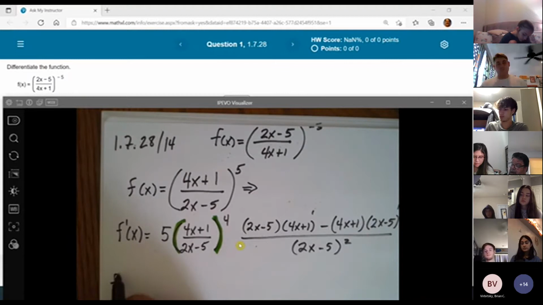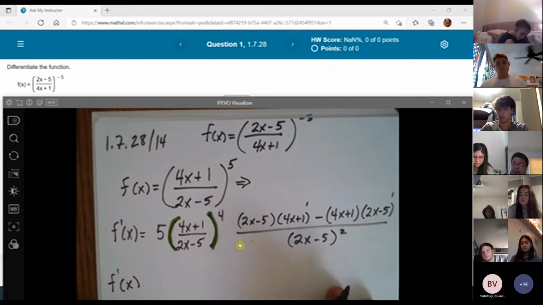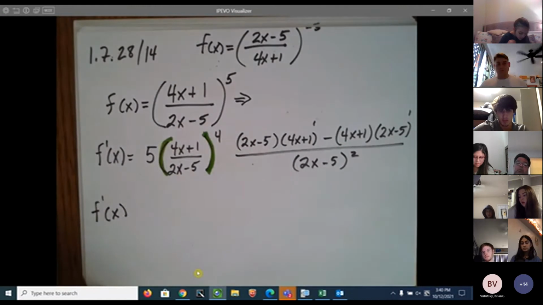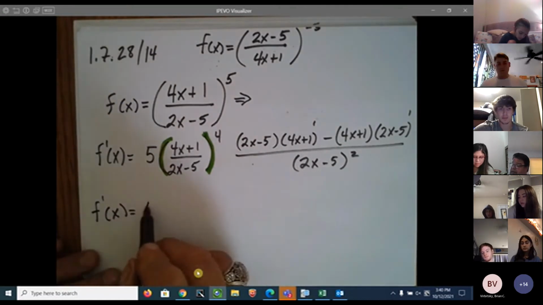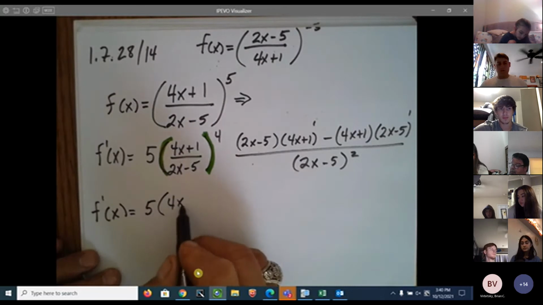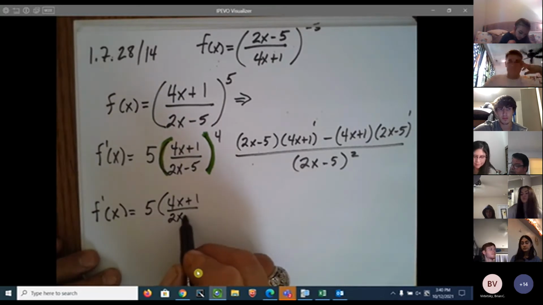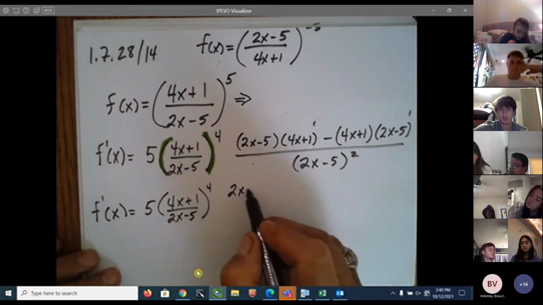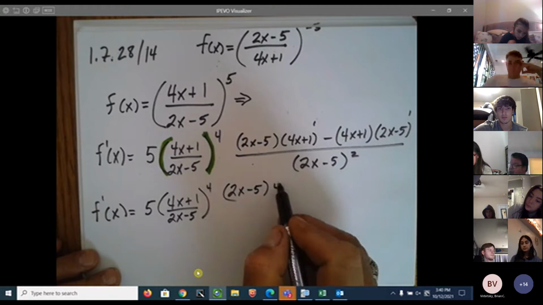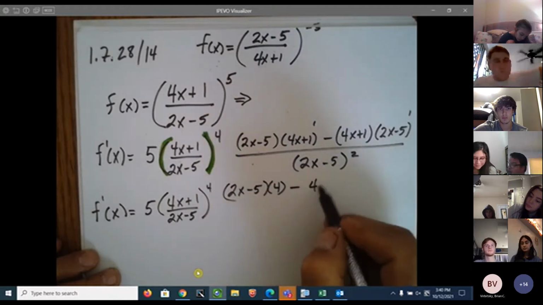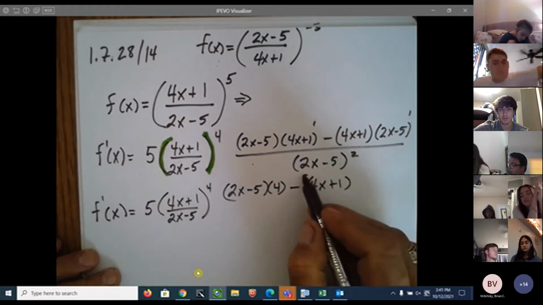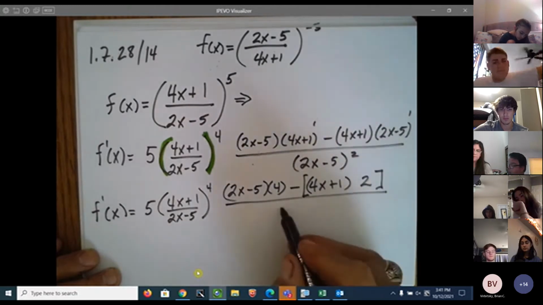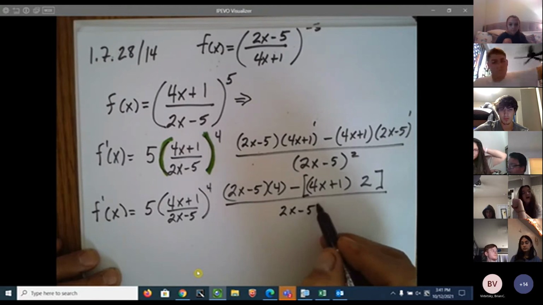So that's going to be f prime of x. Sorry, make this bigger where you can see everything. F prime of x is equal to 5 times 4x plus 1 over 2x minus 5, times 2x minus 5 times 4, minus 4x plus 1 times 2, over 2x minus 5 to the second power.